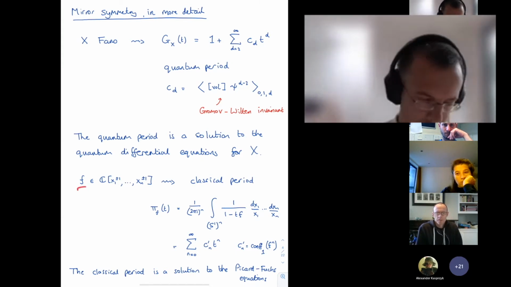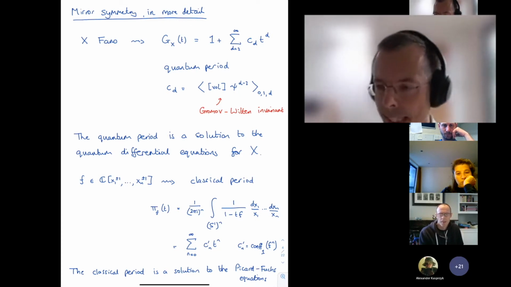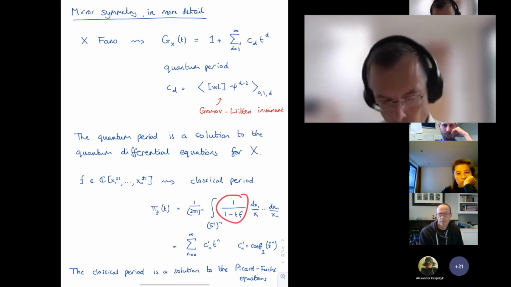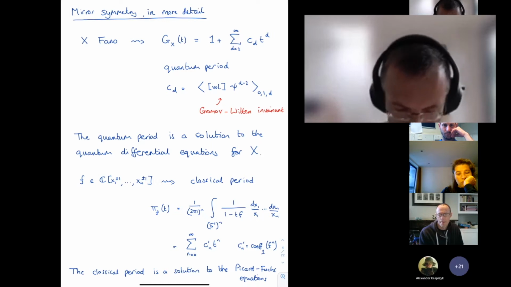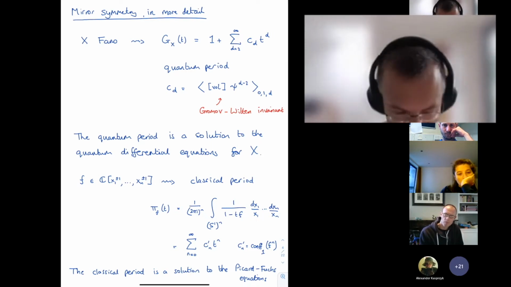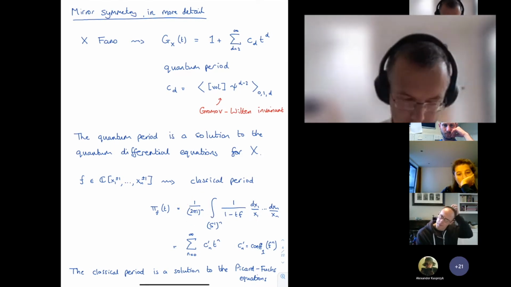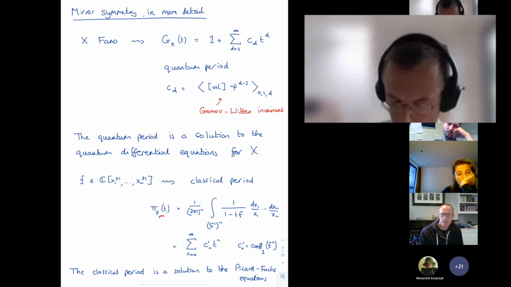So you give me f, and I'm going to write down a function of one complex parameter t as follows. I take 1 on 1 minus tf, and I integrate it against dx1 on x1, dx2 on x2, and so on, dxn on xn, around the unit circle n times, and I divide by 2 pi i to the n. And that's an analytic function of this variable t.